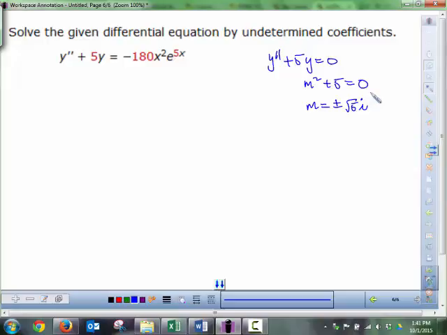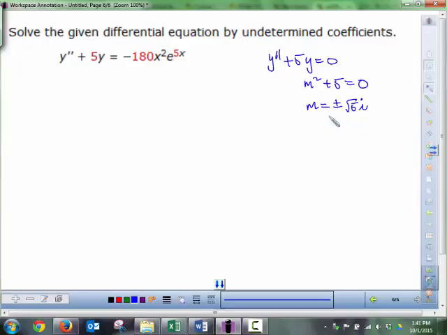Or, when in doubt, just use the quadratic formula and then work things out to make sure that you're not going to miss anything. But I think these are our solutions for our characteristic equation. So we just need to plug that in.